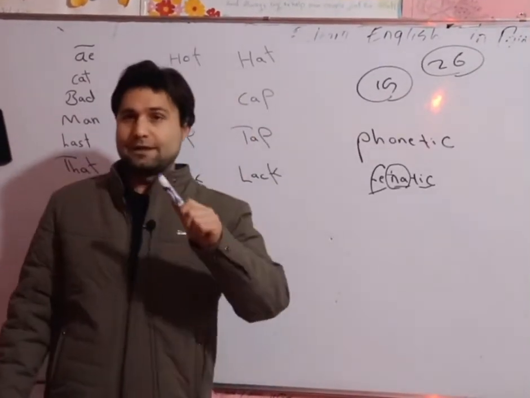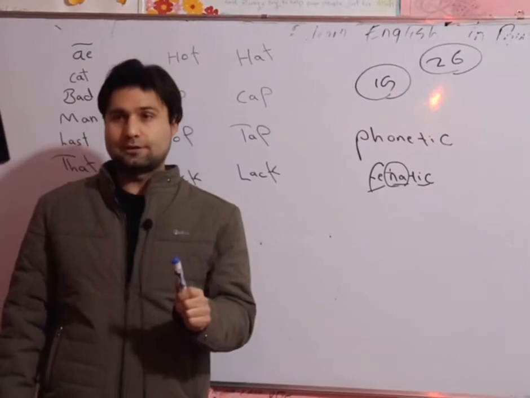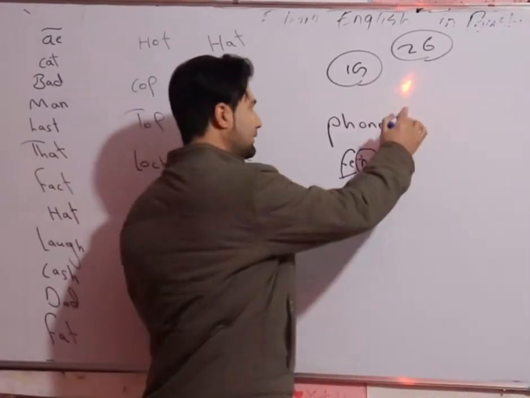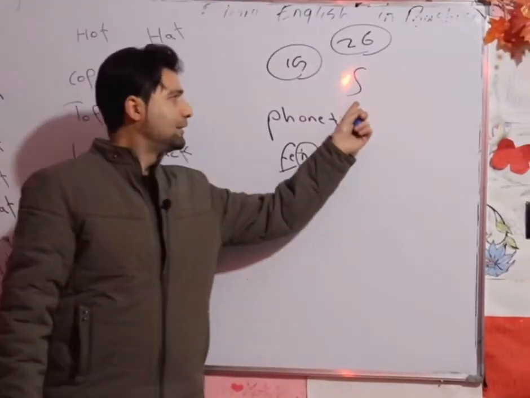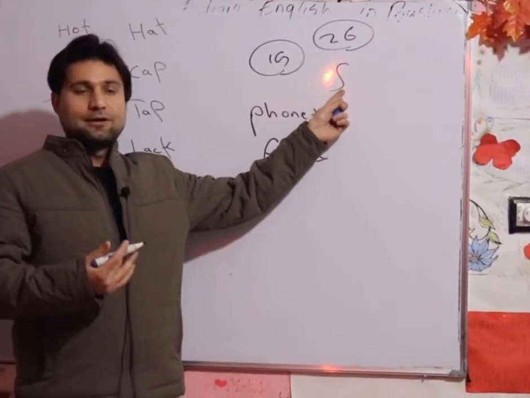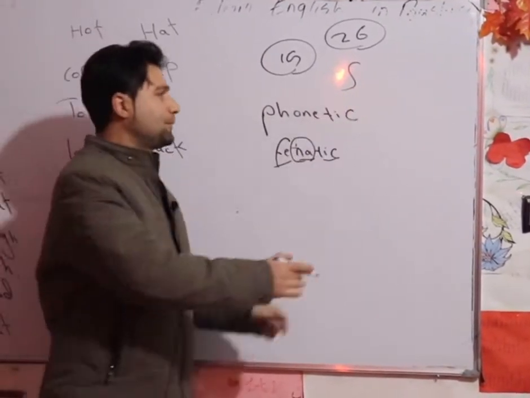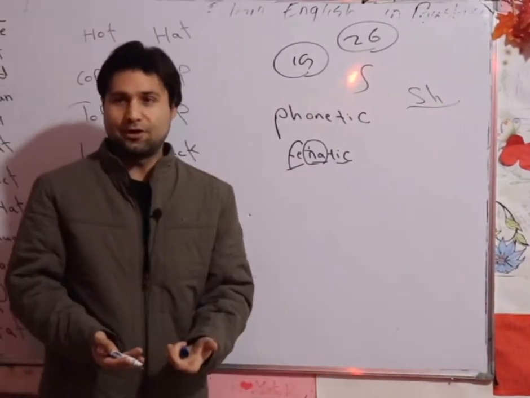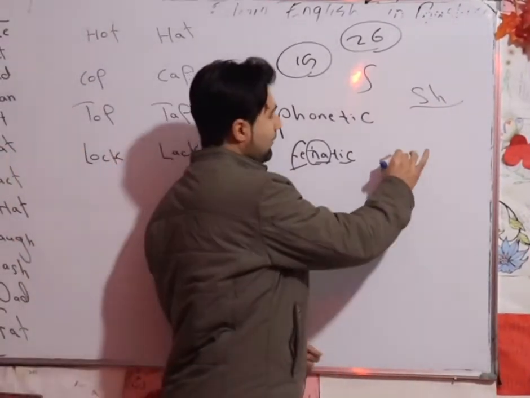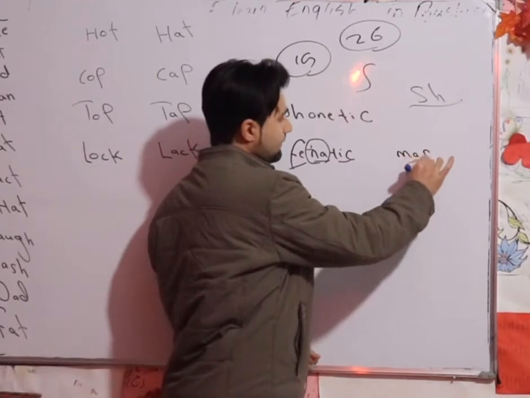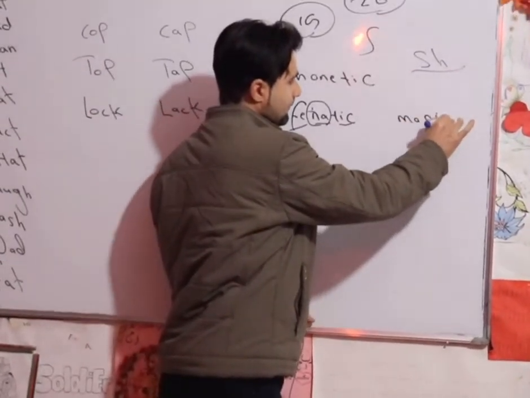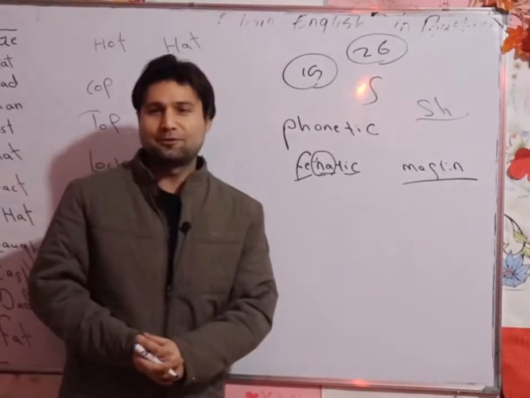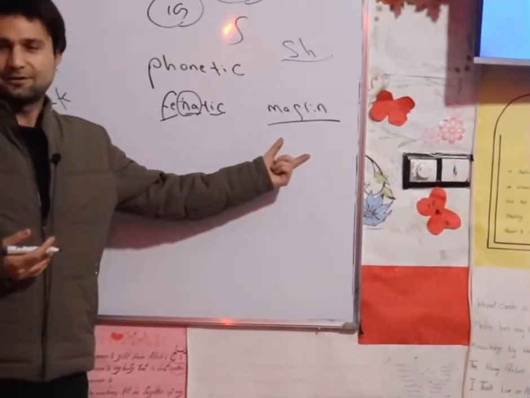We have 23 consonants. For example, see this mark. This letter represents this sound, sh. If I have a word, for example, like this, do you know how to pronounce this word?